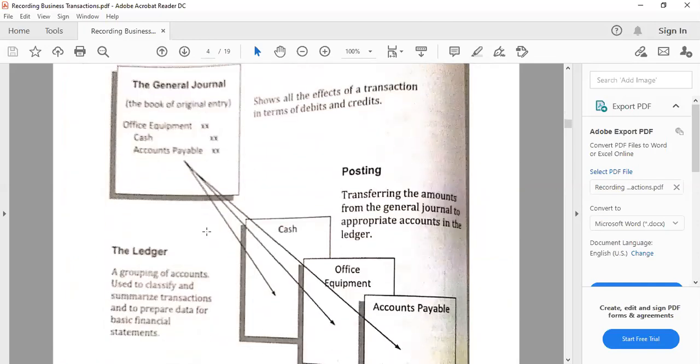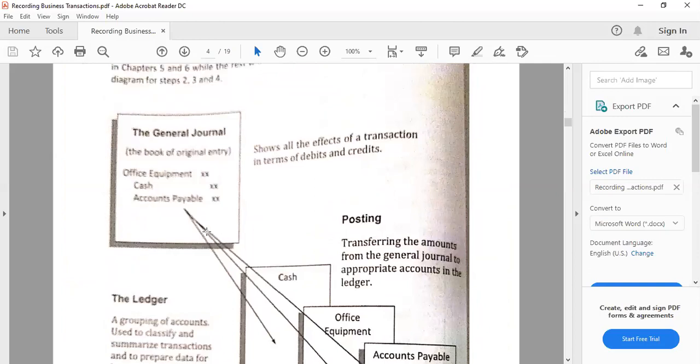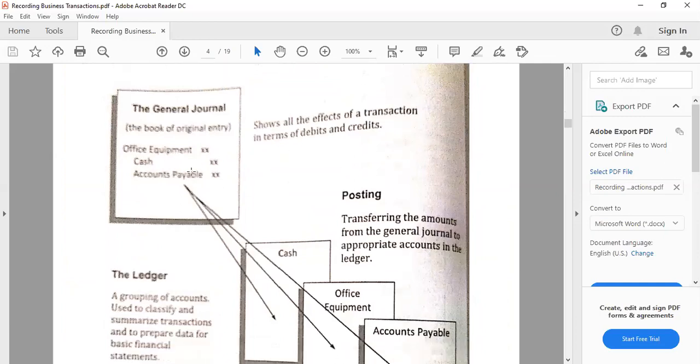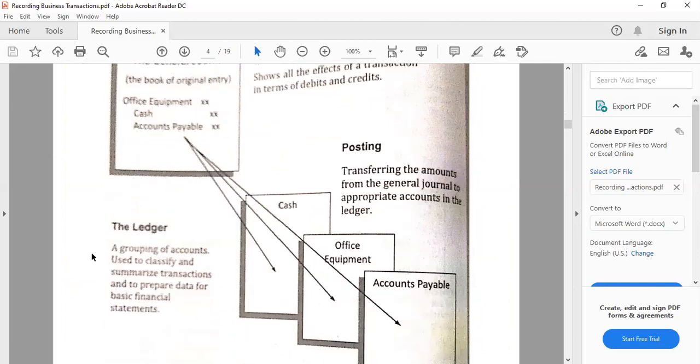Next is the flow of information that we will be getting from the general journal. This is a sample journal entry. These are the effects of a transaction in terms of debits and credits, and they will be carried forward to the ledger, which is the grouping of the accounts. So remember, under each accounting element, we have the account titles. These account titles are the specific groups of accounts.